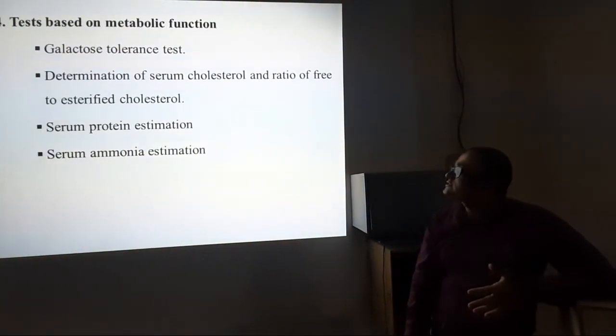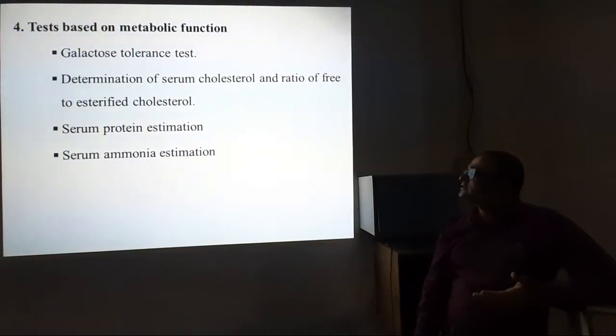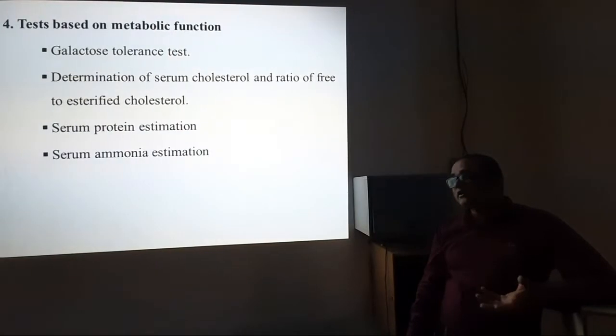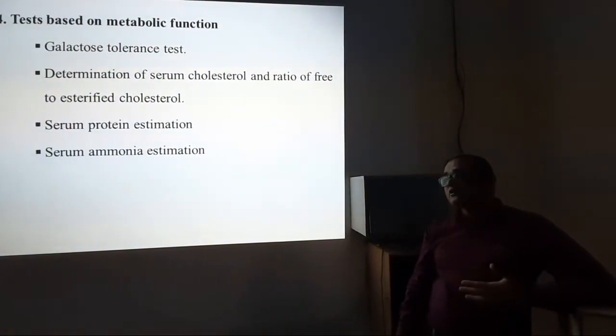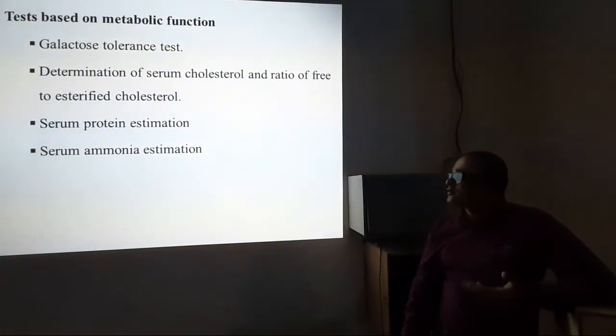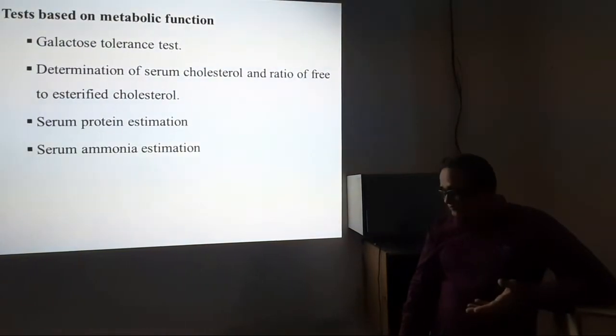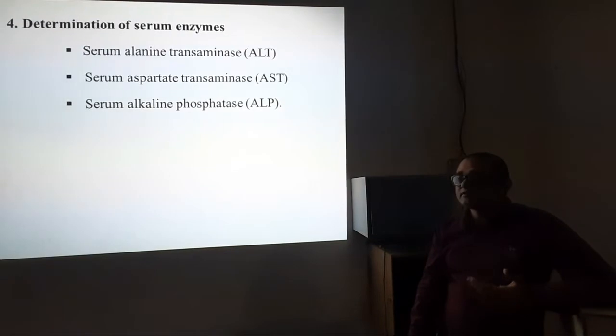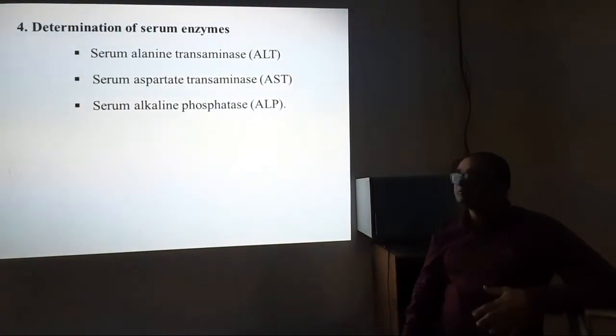Then the fourth class is based on the metabolic function: the galactose tolerance test, determination of the serum cholesterol and ratio of free to esterified cholesterol, then protein estimation, ammonia estimation. And the last class is estimation of the serum enzymes, that is ALT, AST and ALP.